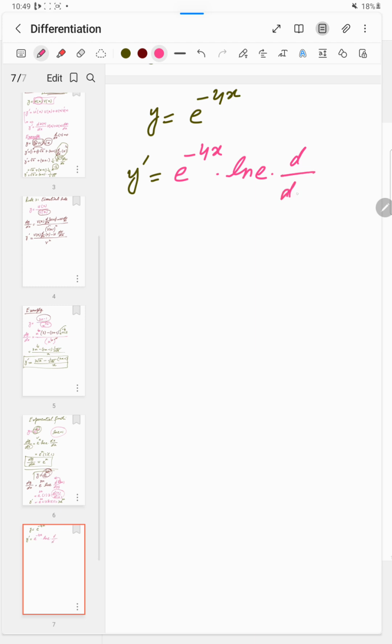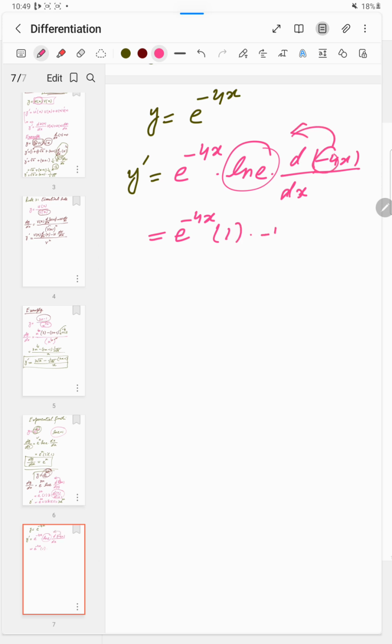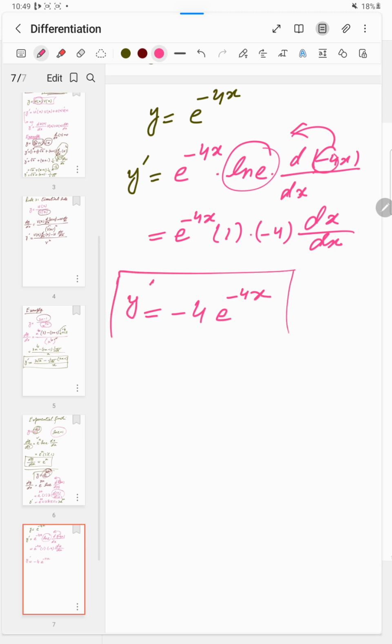In this case the power is minus 4x. So e raised to power minus 4x will be as it is, log of e will be 1, and minus 4 will be outside the operator, so minus 4 and d of x over dx. So it becomes minus 4 e raised to power minus 4x, which is y prime.